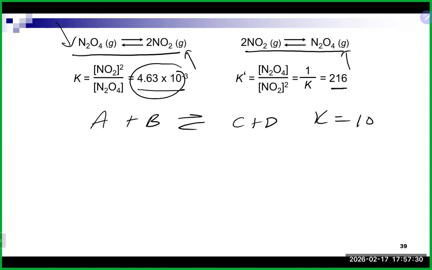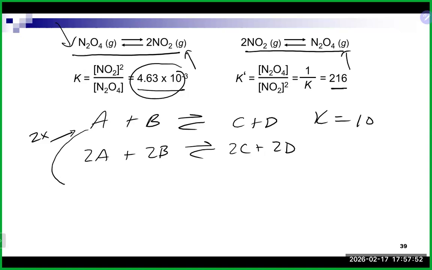So if I needed two A's in this situation, I essentially would have to multiply the entire equation by 2. And when I do that, that would give me 2A plus 2B goes to 2C plus 2D. Now, what does that do to the K value when I do that?